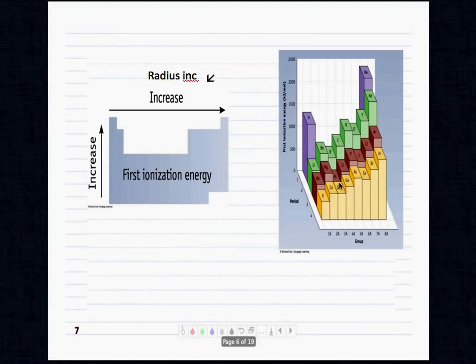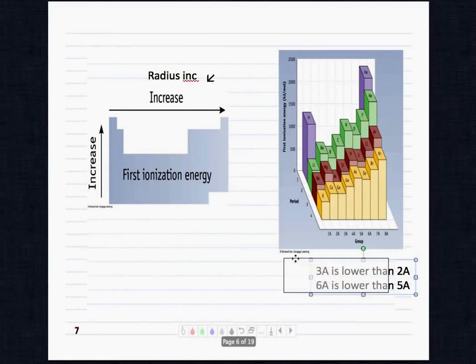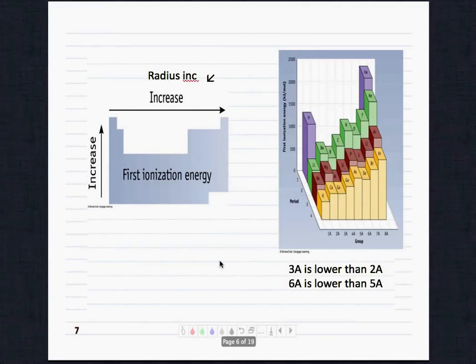So the two exceptions: 3A has lower ionization energy than 2A, and 6A has lower ionization energy than 5A. I'm going to put it this way so that you can see that. Those are the two exceptions.